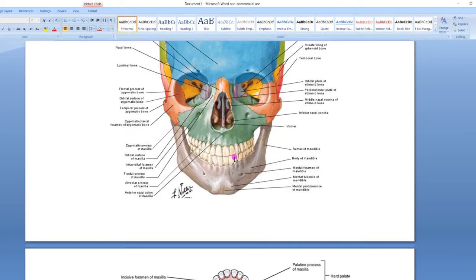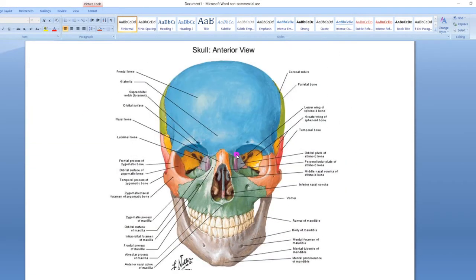So I'm going to go back to this frontal view, and the zygomatic bone actually kind of reminds me of Texas, just the shape of it. It's this orange bone, your cheekbone. It kind of looks like Texas if you use your imagination. It is the zygomatic bone.